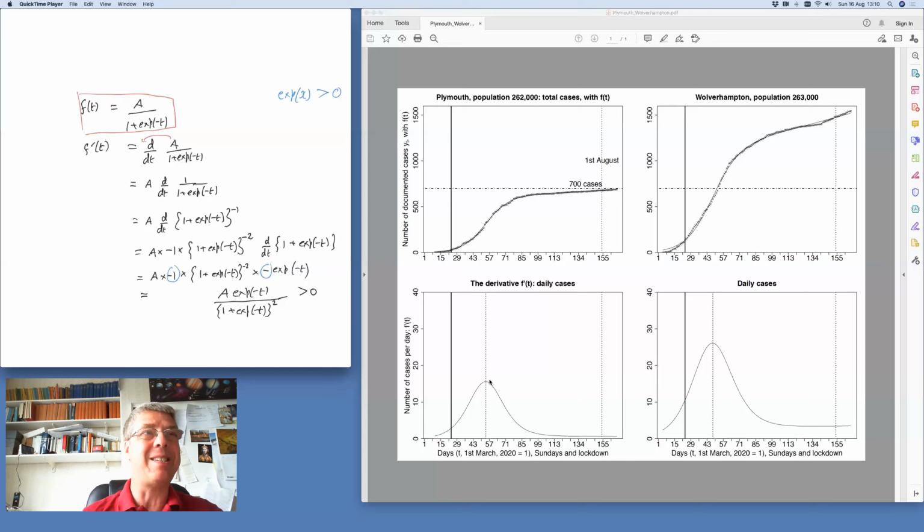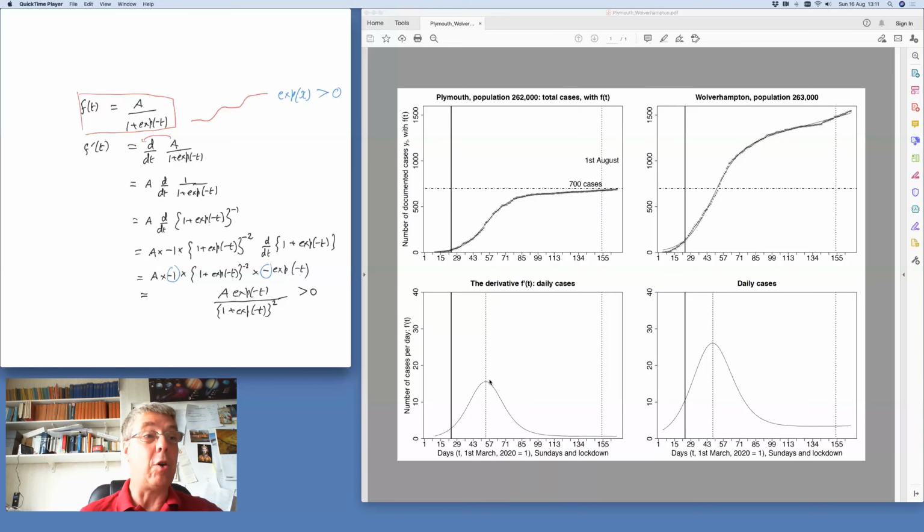We have recently extended it further to allow for a second wave, so to allow for something that goes up and then goes up further. And that's also been work that we've been discussing with my colleague Tom Heinzel.